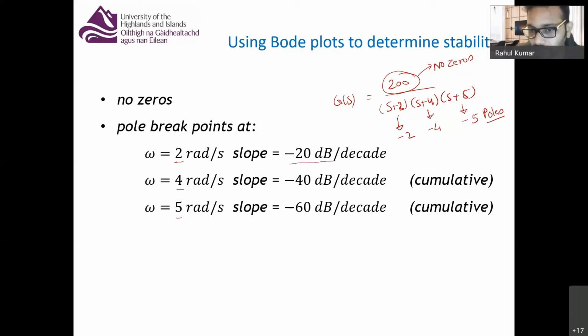After the second pole, or after 4 radians per second, the cumulative effect will be -40 dB, and after 5 radians your combined slope will be -60. So in every step you subtract 20 dB per decade. Obviously every pole causes a slope of -20 dB per decade. So that's what we are doing.